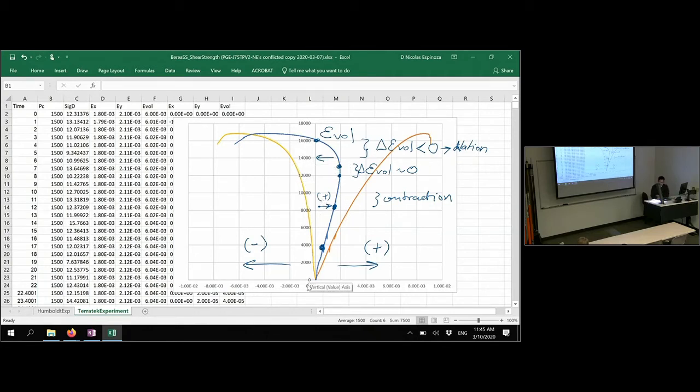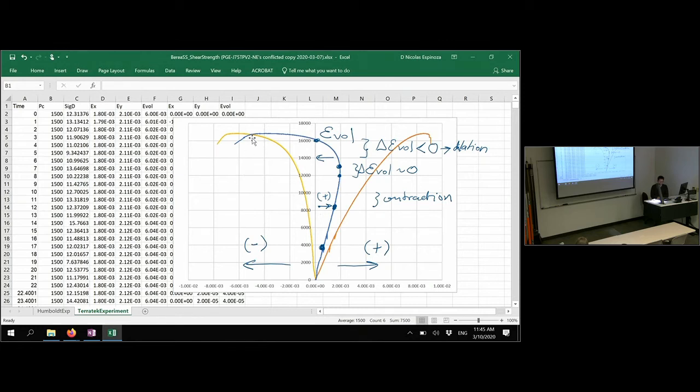Based on this plot, what I see is that at 16,000 psi of deviatoric stress, the rock has the same volume as when I started. That's because it got smaller, but then it got bigger as it went through failure because the fracture started to dilate. And the more you go to the left, the more dilation you have.